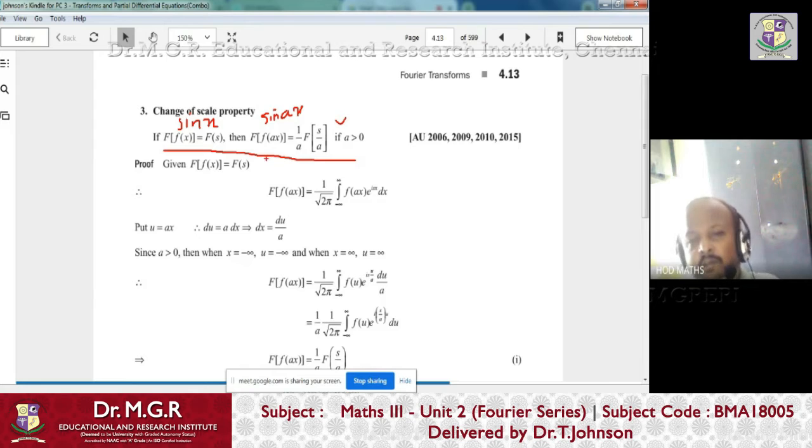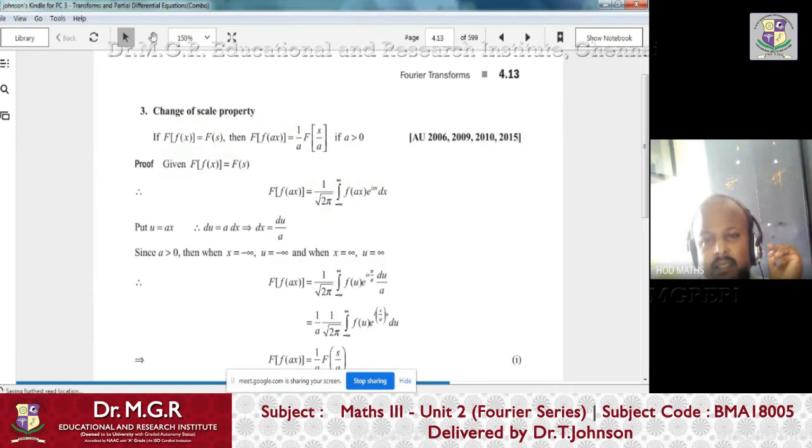So if you want to find the Fourier transform of sin(ax), find the Fourier transform of f(x), that is F(s), and in that representation change s to s/a and multiply by 1/a.